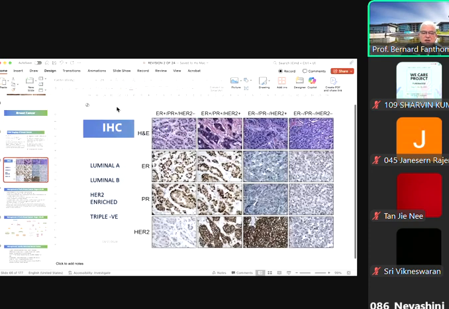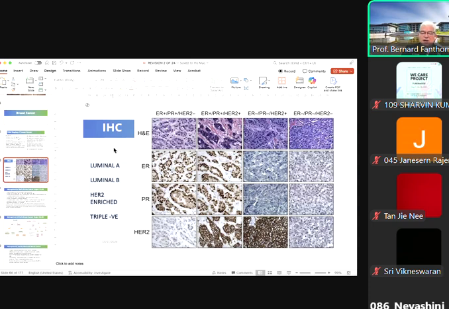Then we have this category based on immunohistochemistry, which tells us the pattern of cells and how they are going to behave. So we know luminal A, luminal B, HER2 enriched and triple negative. Now in this, luminal A has the best prognosis, and triple negative has the worst prognosis. That is ER negative, PR negative and HER2 negative.